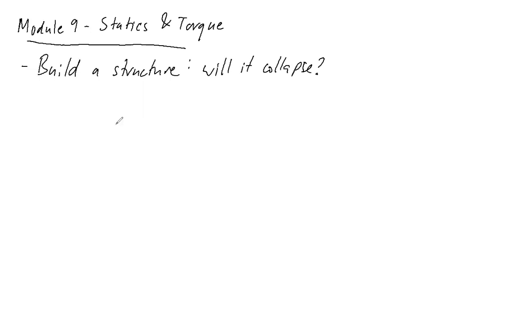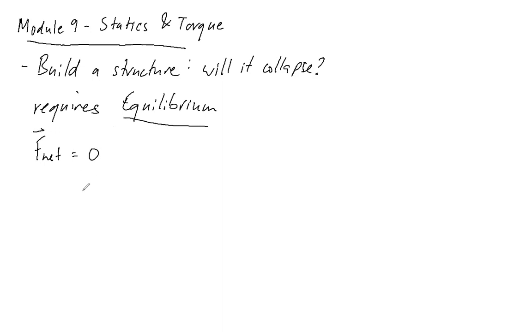And so in order for the thing to not collapse, you have to be in a state of equilibrium. And so equilibrium basically means that the net force is zero. You know how Newton's second law says that F net equals ma, right?